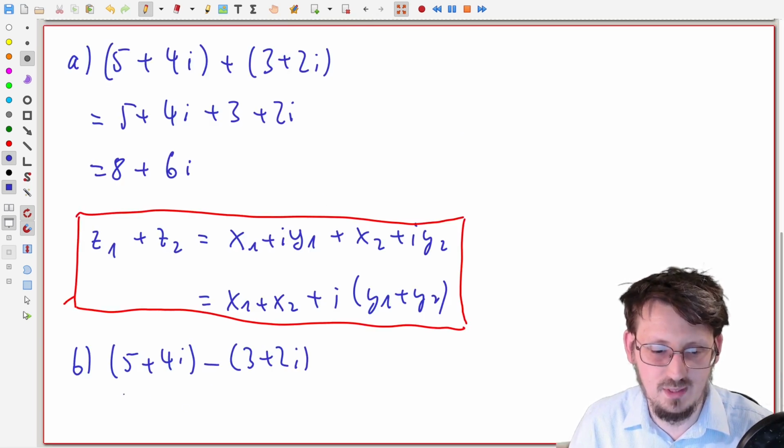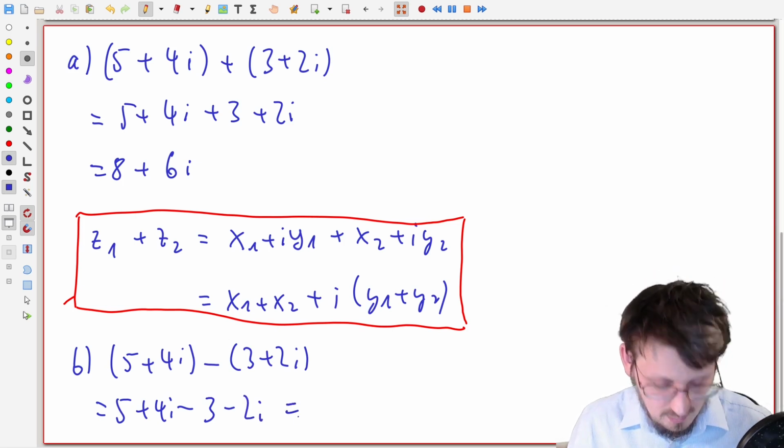So it's easy. Now this changes to 5 plus 4i, because here we can remove this bracket again. Here, however, we have to keep these brackets, of course, because this is a multiplication with -1. So here we have to write minus 3 minus 2i.